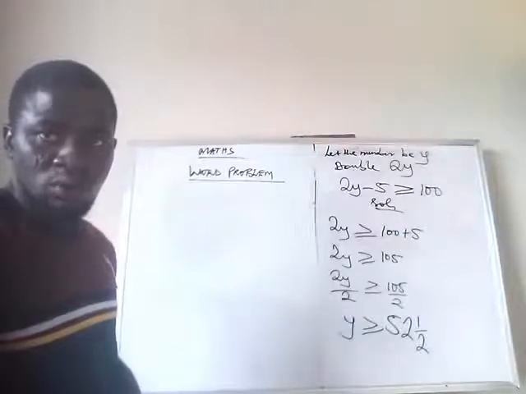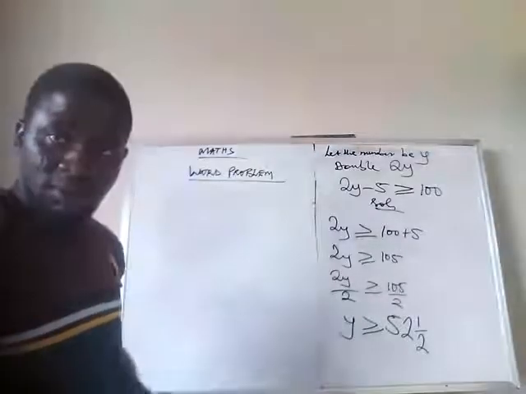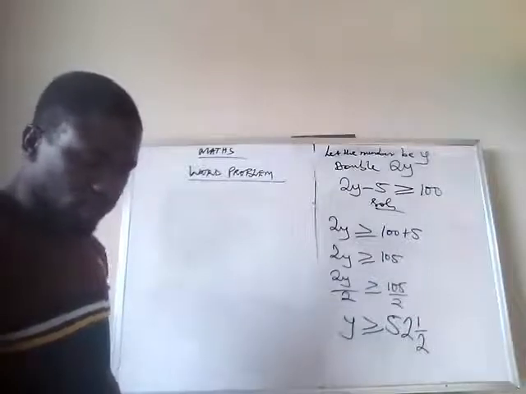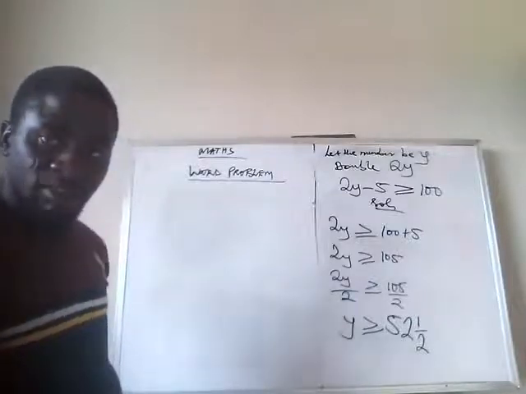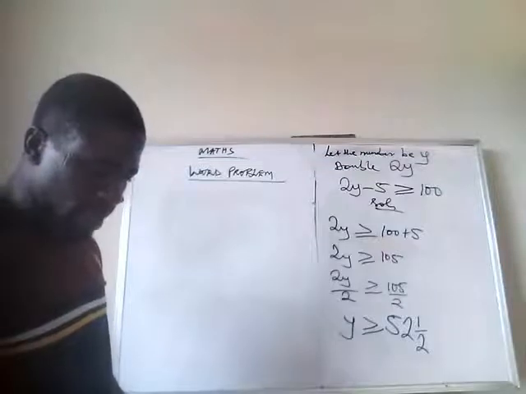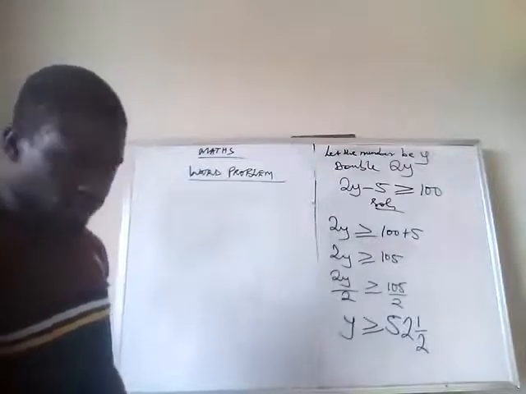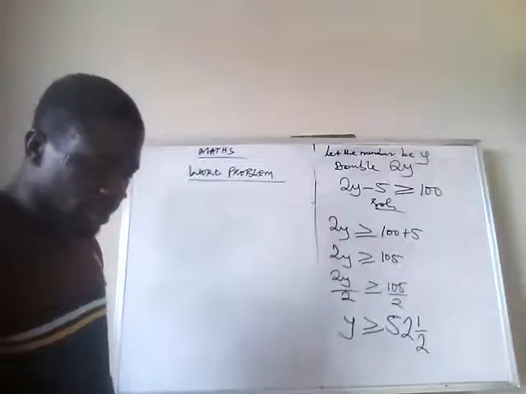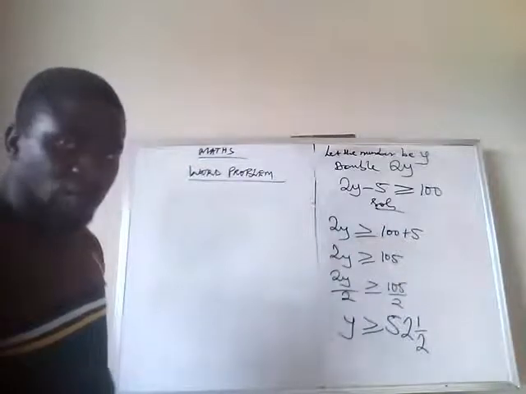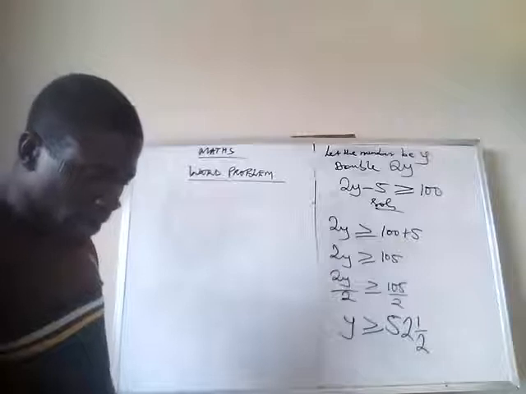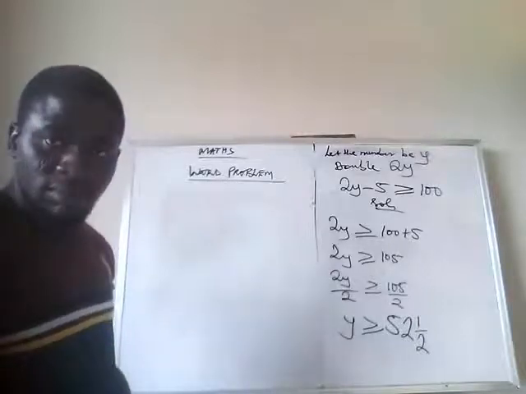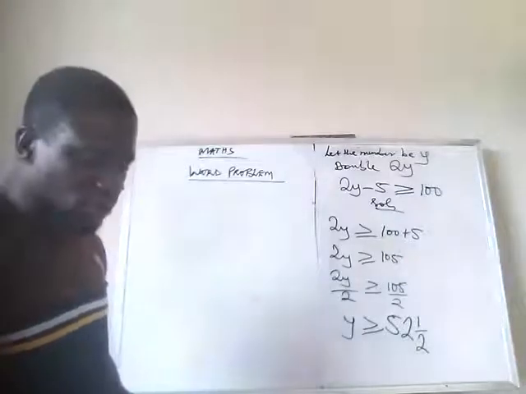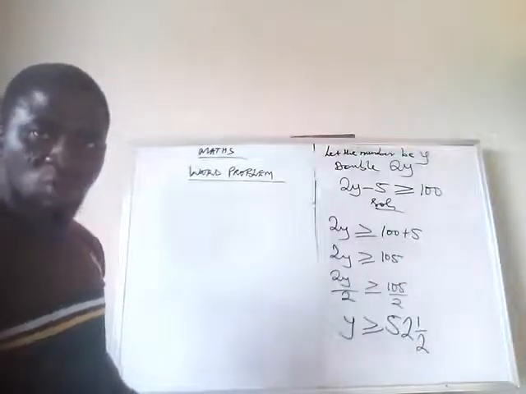So we are not here to start explaining odd numbers. The numbers are x plus 3, x plus 5, and x plus 7. The sum of these numbers cannot be greater than 201.